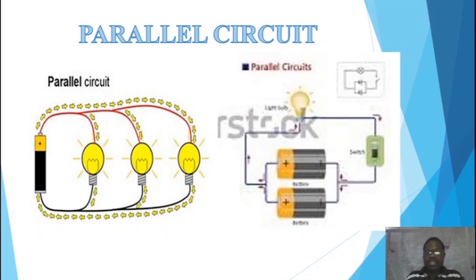But if it is in series, the brightness will not be the same, especially if the currents flowing through all of them are not the same. So if you check on the right hand side, you see the two batteries also connected in parallel. So you see that the battery is going to supply a very high current to the bulb, but the potential difference will remain the same.